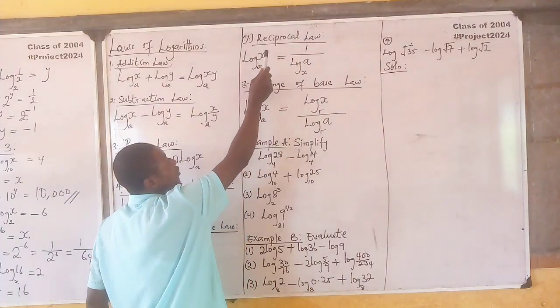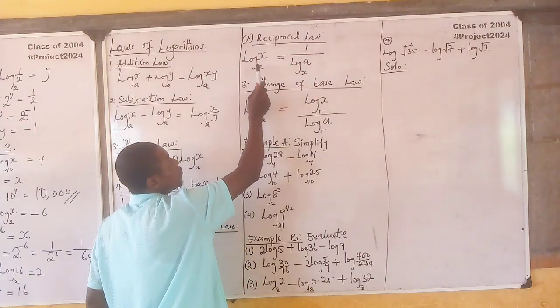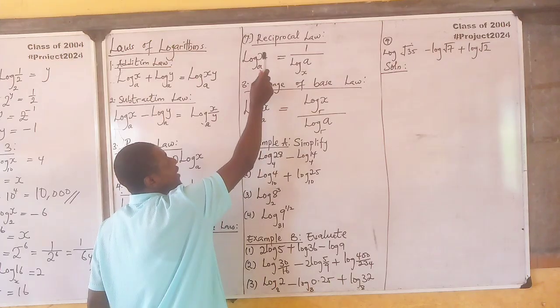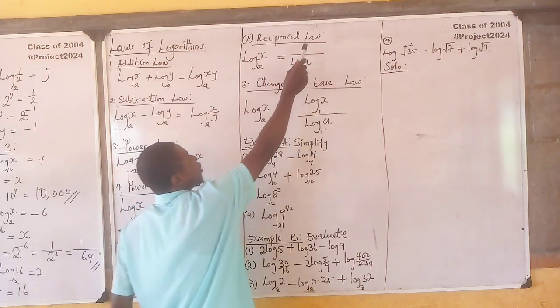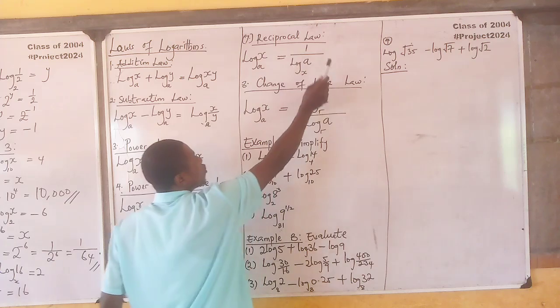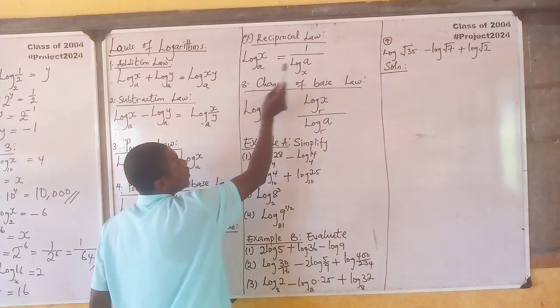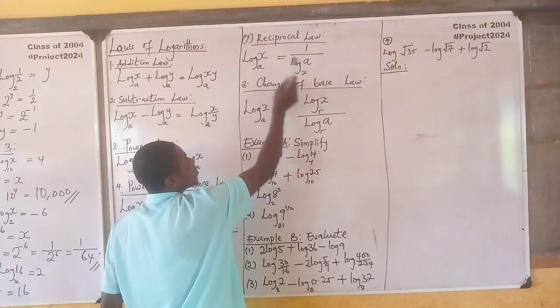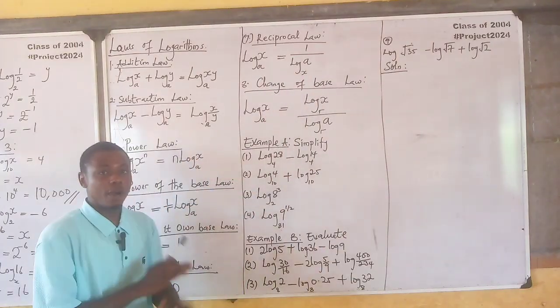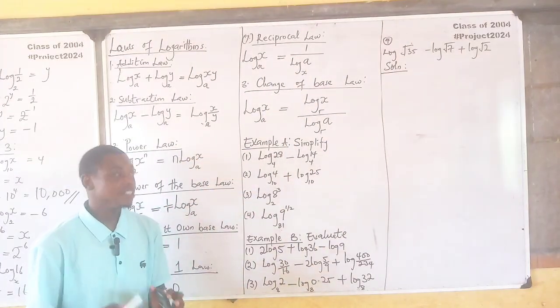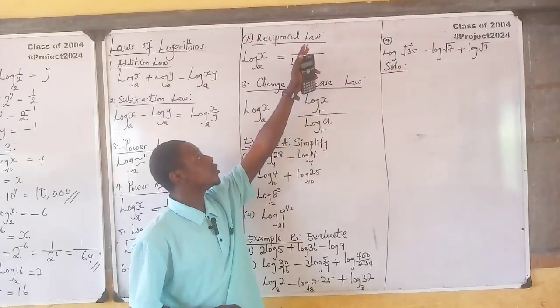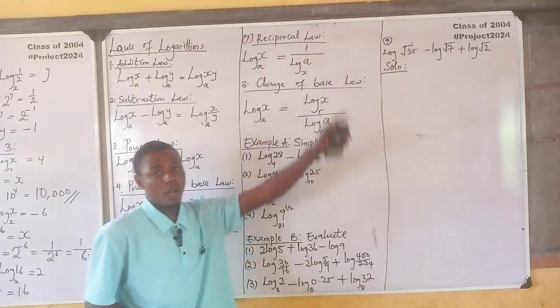So we have log of x to base a. If you want to write it as log of a to base x, we introduce our reciprocal, which is 1 over, then it becomes log of a, instead of log of x, and x becomes the base. So you change their position. If you are changing their position, you have to put the reciprocal there, that 1 all over.